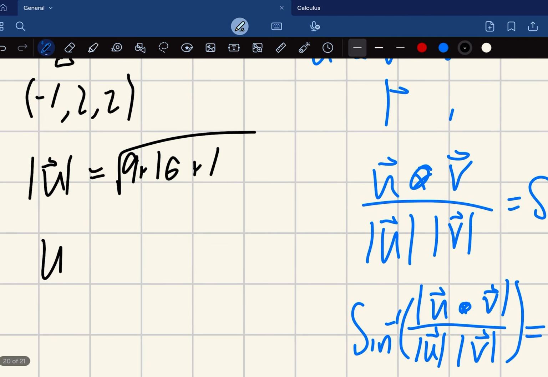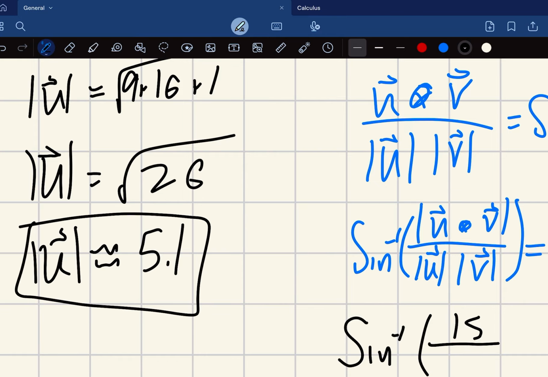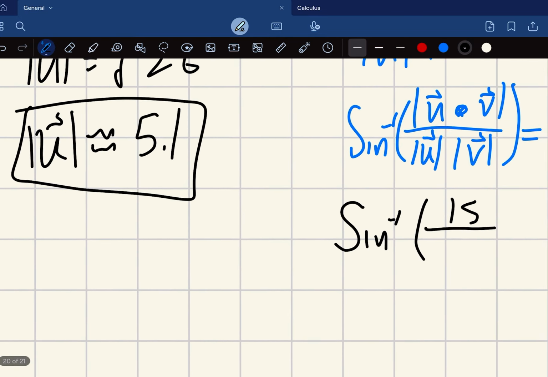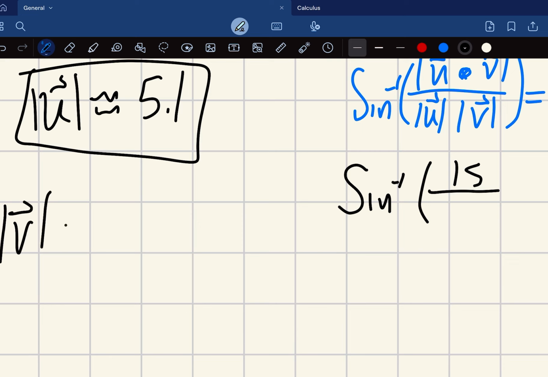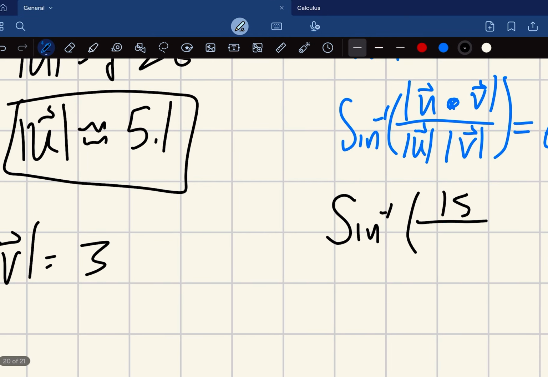So u is equal to the square root of 26, which is approximately equal to 5.1. Now our vector v is equal to negative 1 squared, which is 1, plus 2 squared, which is 4, plus 2 squared, which is 4, which is the square root of 9. So vector v has a magnitude of 3.